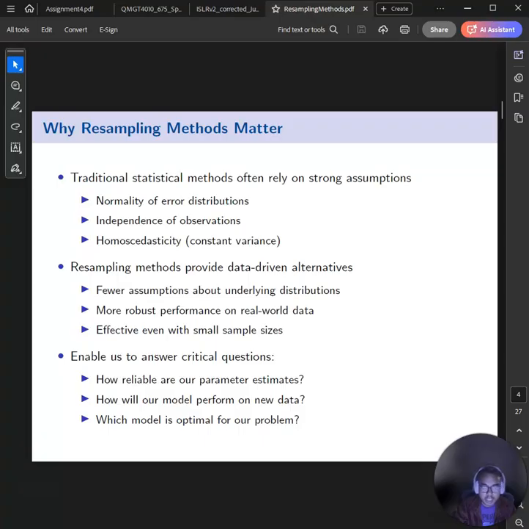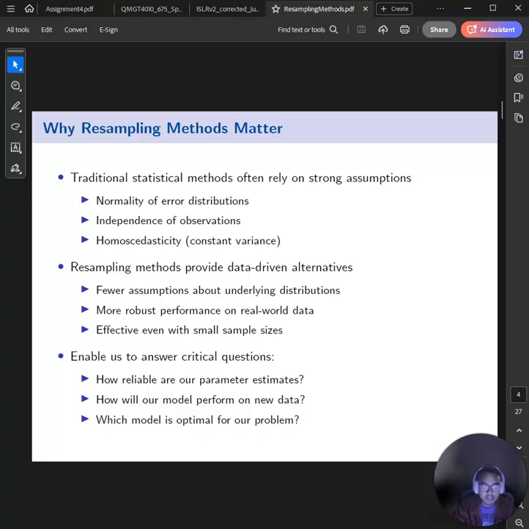For example, many traditional methods assume normality of error distribution, that our errors follow a nice bell curve, independence of observations, which means that data points don't influence each other, or homoscedasticity, that means constant variance across all values. But the truth is, real-world data is often messy, and it often doesn't follow these perfect theoretical patterns.